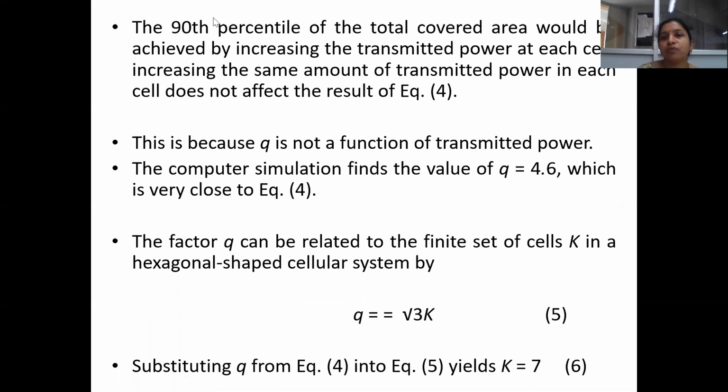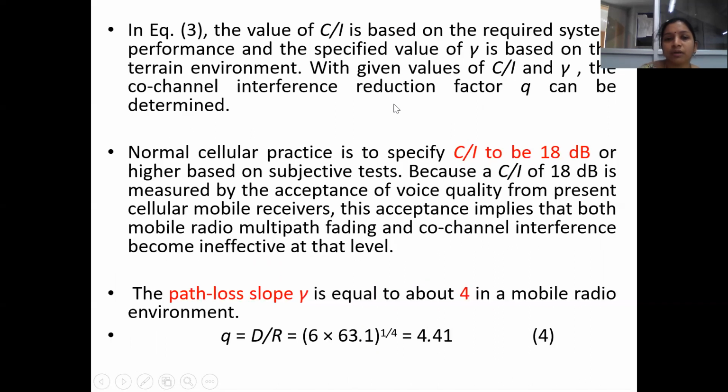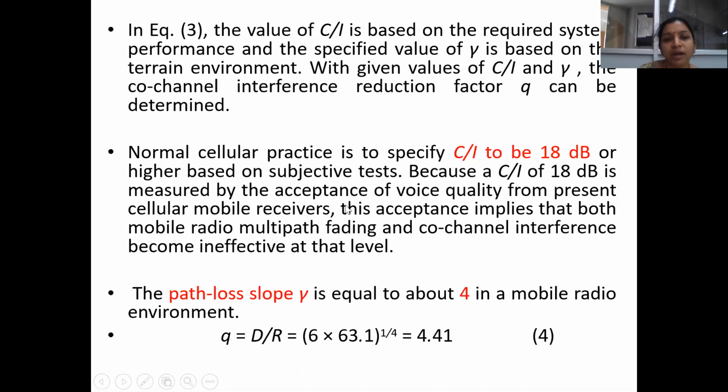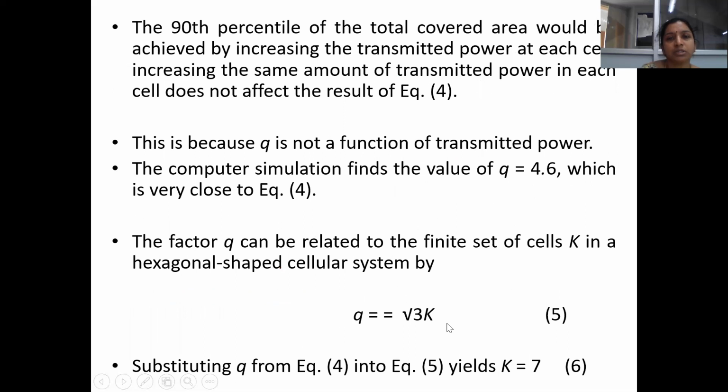Increasing the transmitted power by the same amount in each cell does not affect the interference reduction factor q, because q is not a function of power. We have seen q is a function of the distance between the co-channel cells and the radius of the cell, so it does not depend upon the transmitted power.